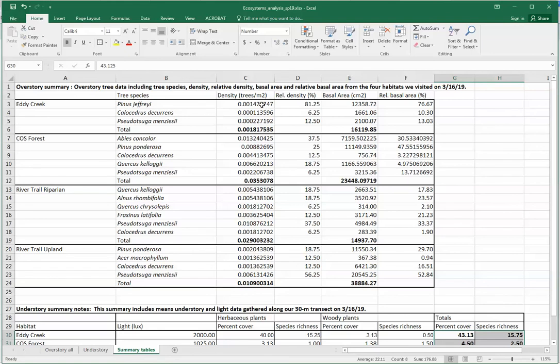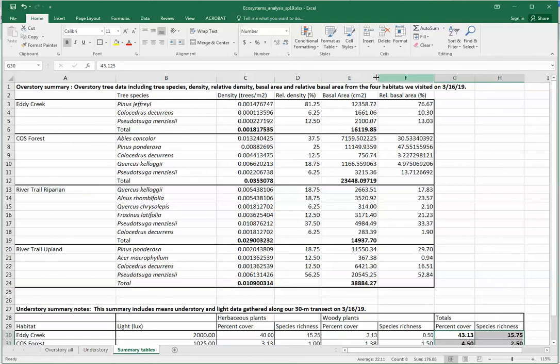And then if you look over here, you can see the relative density in terms of percent. So of that 2/1000ths of a tree per meter square, how much of it was Jeffrey pine versus incense cedar versus Doug fir. So that's what we have in this column.